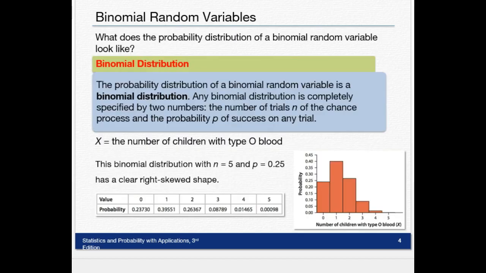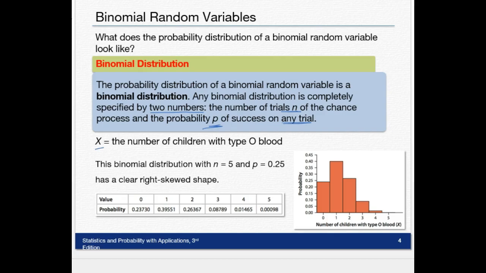Now, what does the probability distribution of the binomial random variable look like? Well, any binomial distribution is completely specified by 2 numbers, the number of trials in the chance process and the probability of success on any trial. So 2 things you have to know.